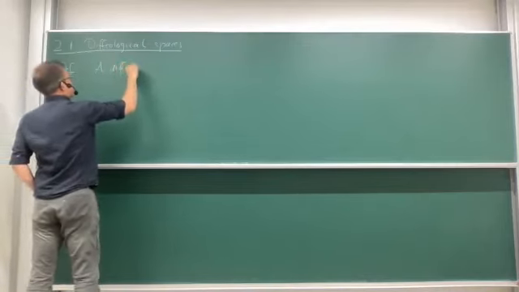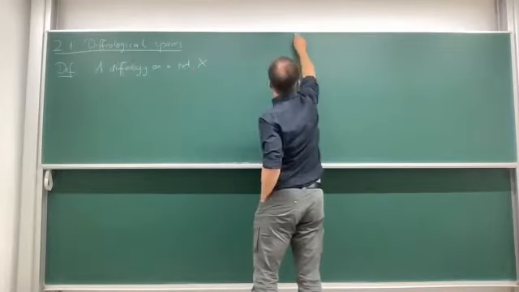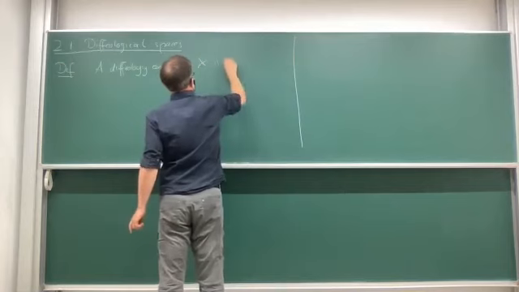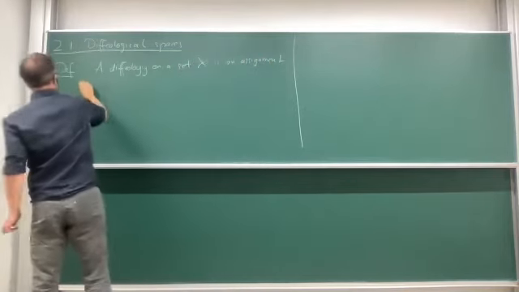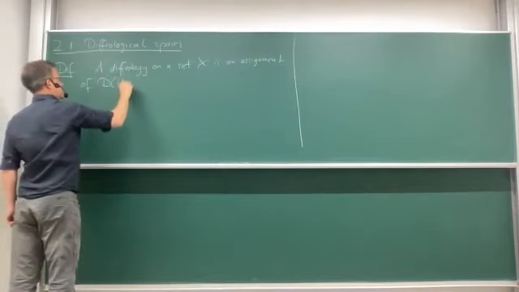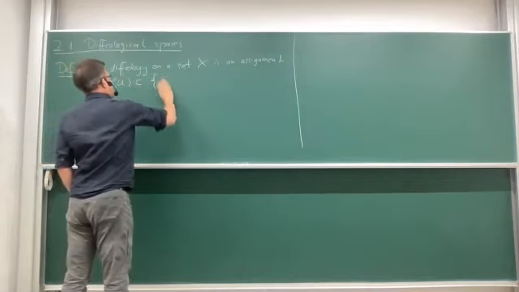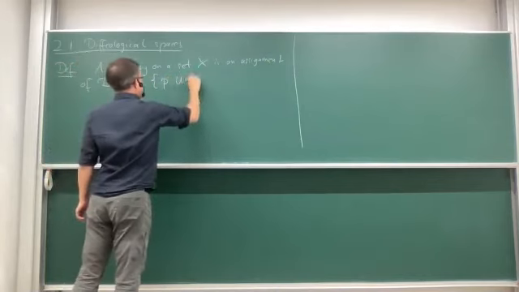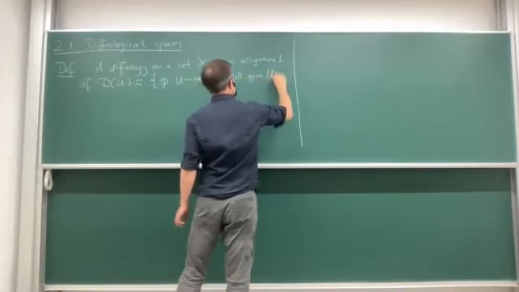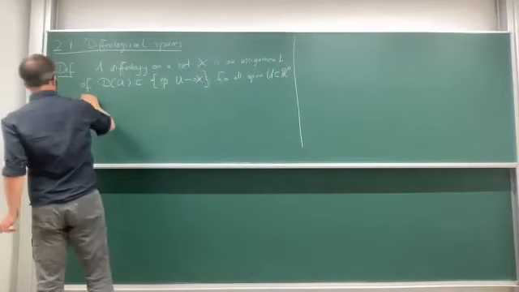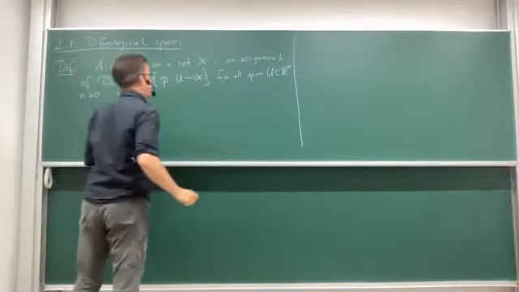A diffeology on a set X is an assignment of a set of maps, a subset of the set of maps to X, for all open subsets of R^n, for arbitrary n, such that the following three properties hold.